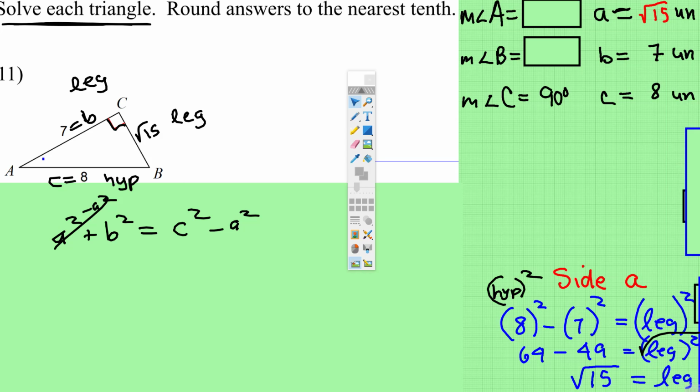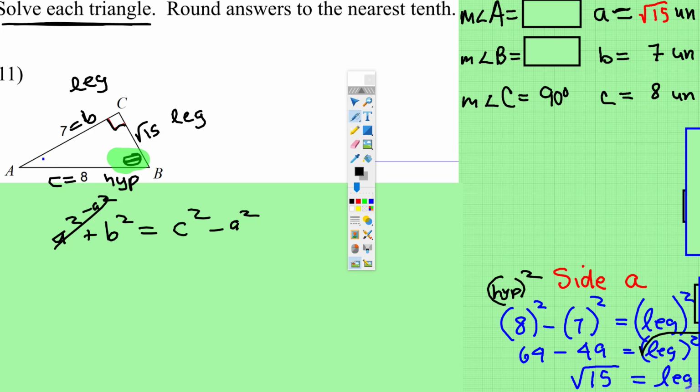There we go. Now we have to find the missing angle. And once we know one of the angles, I'm actually going to have us do this angle right here. It doesn't matter which one. We could have done the other angle.